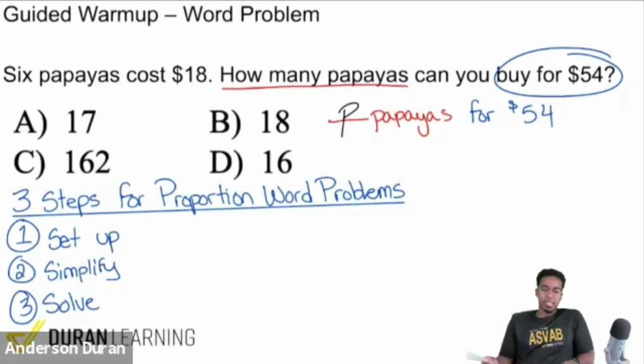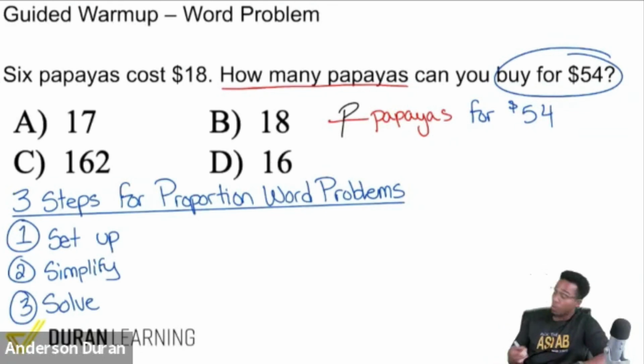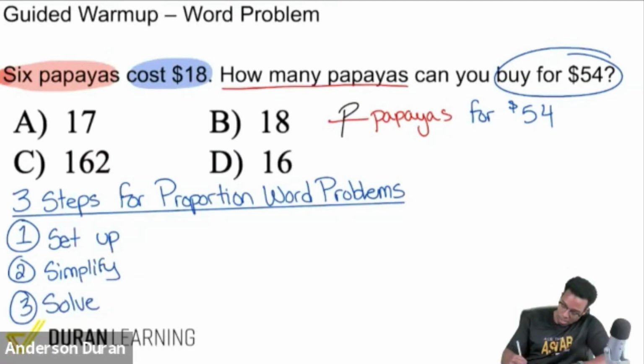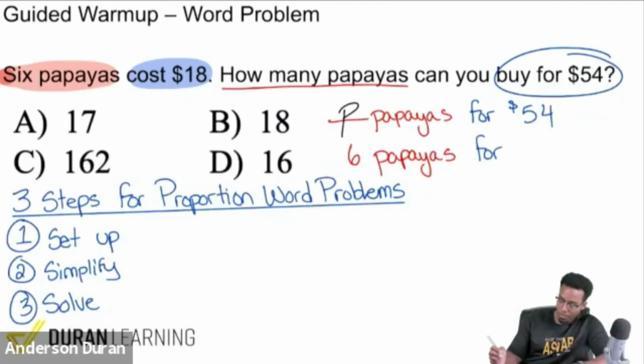So with that said, now let's look at the information that they give us. Because you see here in the beginning, they say, hey, 6 papayas cost $18. Okay. So let me set that up here. 6 papayas. And for how much money was 6 papayas? For 18 bucks.